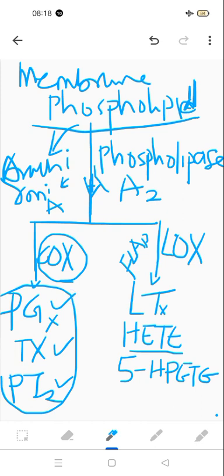Or we could have the lipoxygenase pathway, which forms leukotrienes, 5-hydroxyeicosatetraenoic acid, or 5-hydroperoxyeicosatetraenoic acid. In the next lecture, we'll be looking at the cyclooxygenase pathway.